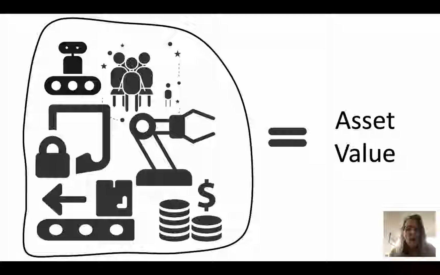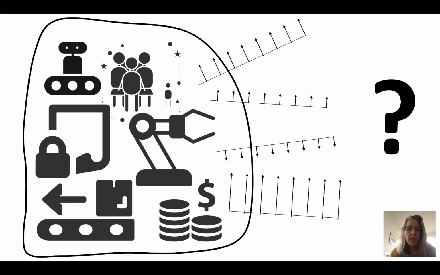Now, if we have a lot of assets, like multiple assets, we can just group them all together, and that could be the value of all of our assets. And lots of companies have many, many assets. They might have people, they might have patents, they might have money in the bank, they might have machinery, all of these things. And all of these things generate cash flow.